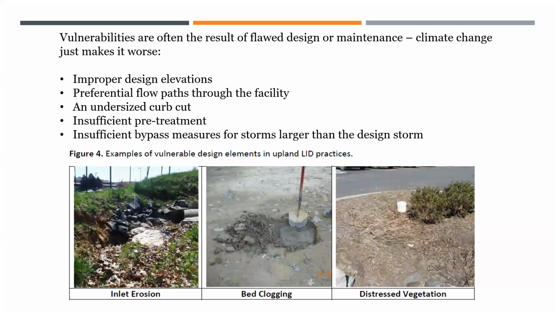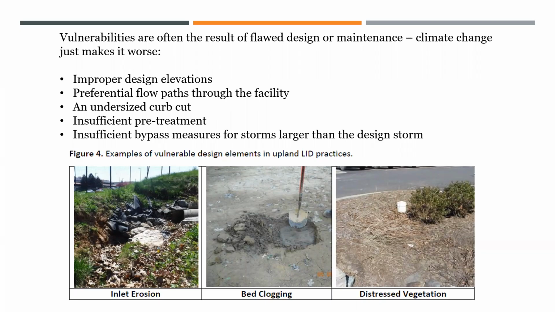A lot of these vulnerabilities can tie back into design flaws or maintenance conditions that, again, are just made worse by climate change. Things like improper design elevations and really steep curb cuts might lead to really intense erosion pretty quickly if we have more intense storm events in the future.